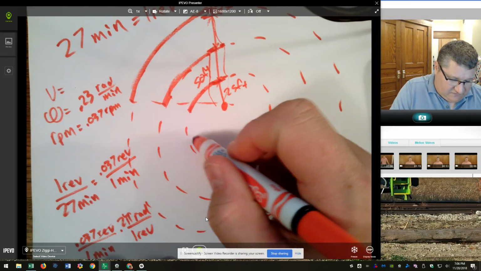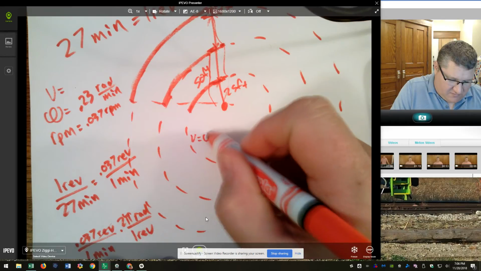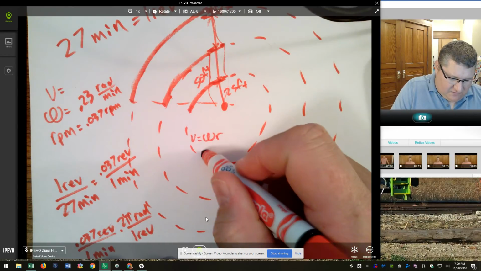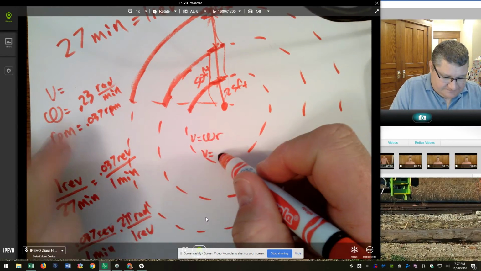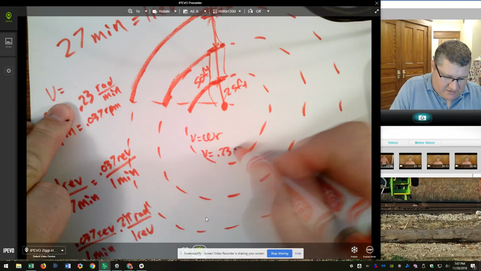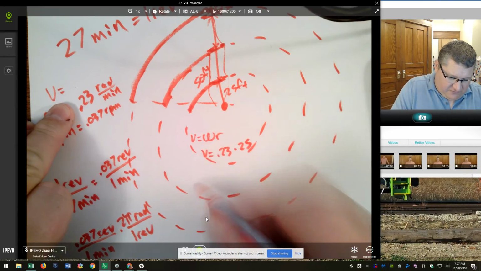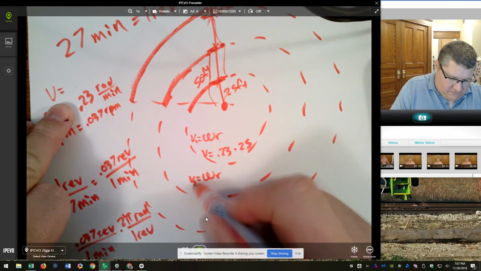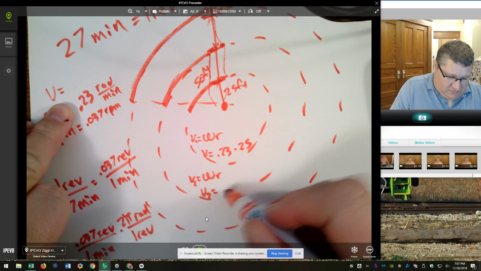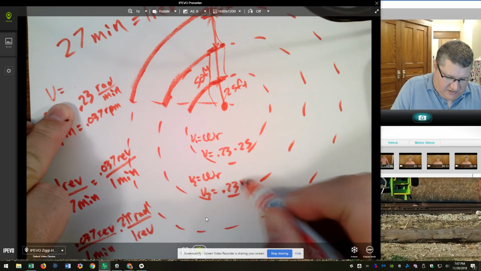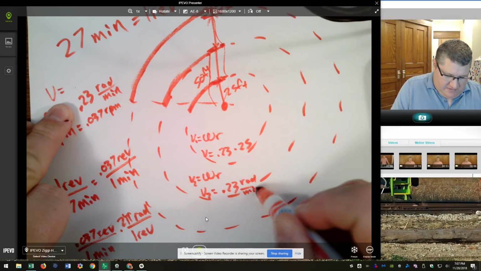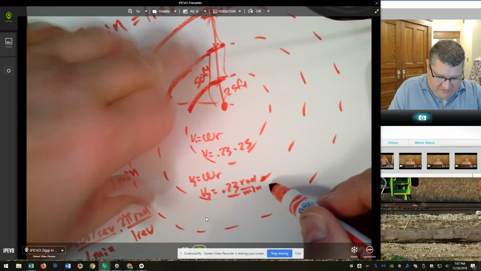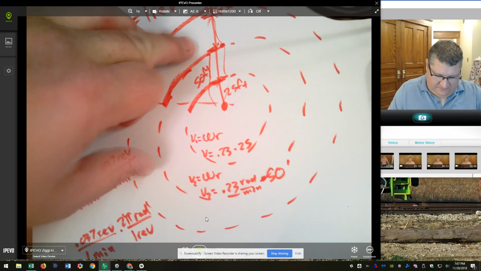In this case, I'm simply going to say V equals omega R. And so V is going to equal 0.23 times 25. For here, V equals omega R. So that's 1, that's 2. So V2 equals 0.23 radians per minute times the radius of 50 feet.